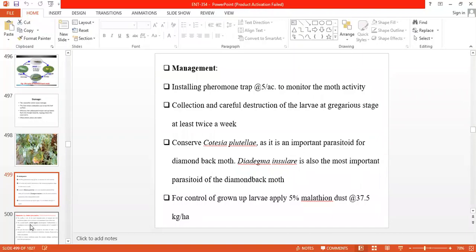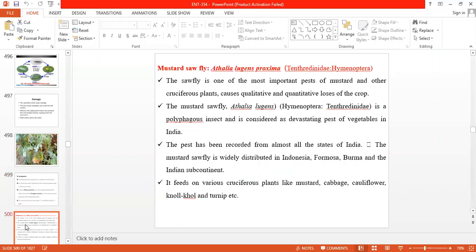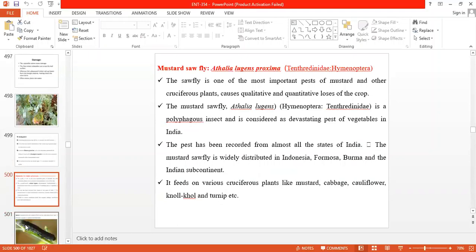Didiga insulari is also an important parasitoid. For control, apply 5% malathion dust at the rate of 37.5 kg per hectare. This is the major pest of mustard and other cole crops, the diamondback moth.